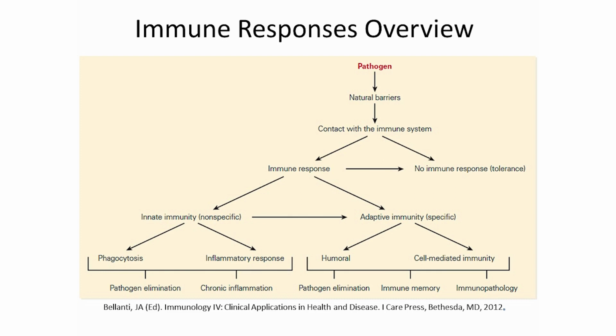The fate of innate immunity is either the pathogen will be eliminated or chronic inflammation can be there. Whereas specific, adaptive immunity will lead to pathogen elimination, immune memory, and immune pathology. So that is what the overview is.